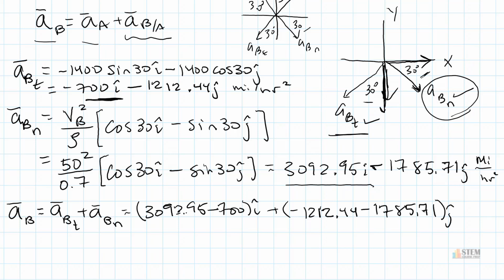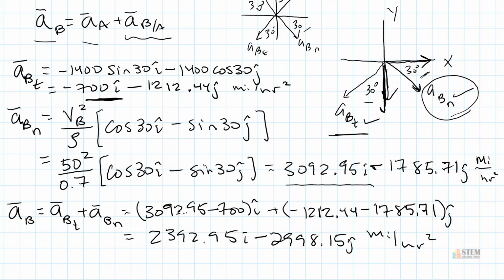And that gives me the J. And then go ahead and simplify, so you get 2392.95 I minus 2998.15 J. That's miles per hour squared. So we did all of this stuff just to find AB. All right, so this is our AB. Okay, so we'll need that.